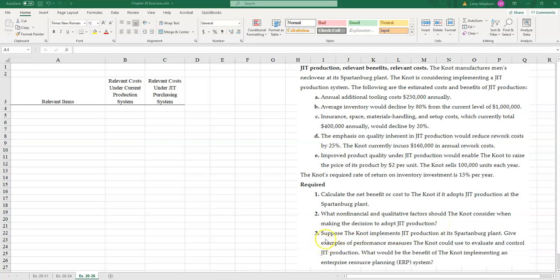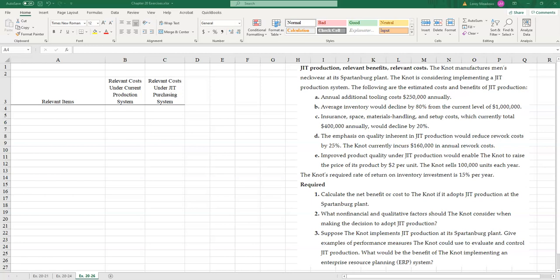And then three, suppose the Knot implements a just-in-time production system at the Spartanburg plant, give examples of performance measures the Knot could use to evaluate and control just-in-time production. And what would be the benefit of the Knot implementing an enterprise resource planning system. So we're going to do a detailed analysis in this exercise here.